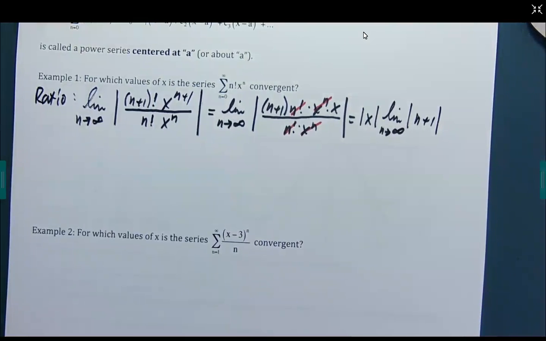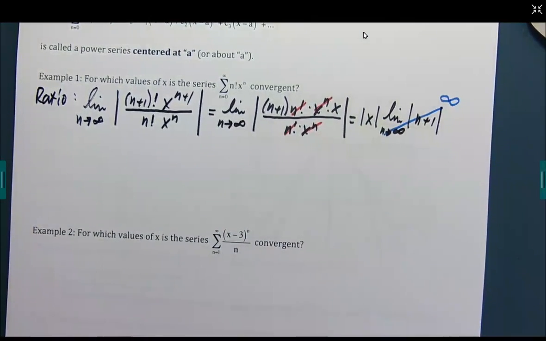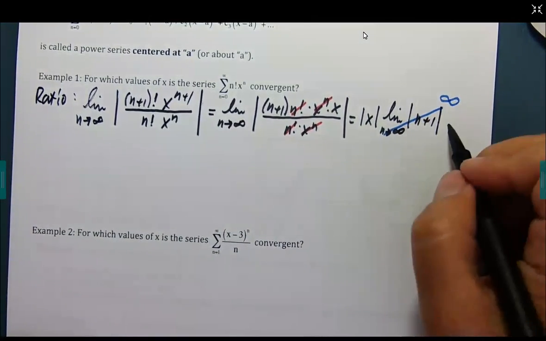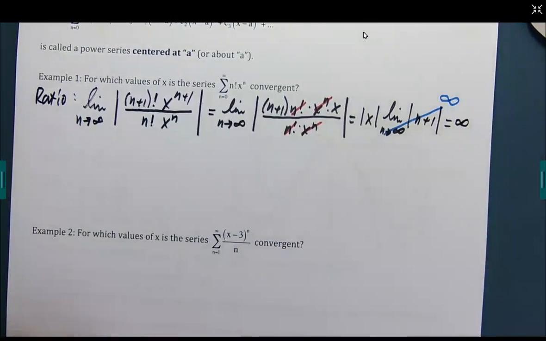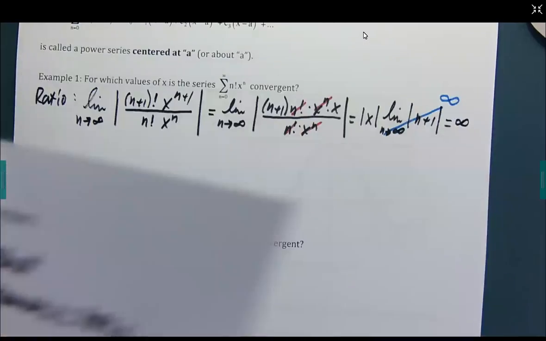And we have a problem. This limit goes off to infinity. And infinity times our x is going to give us infinity. Once again, back to the ratio test. If that goes to infinity, then it's divergent.